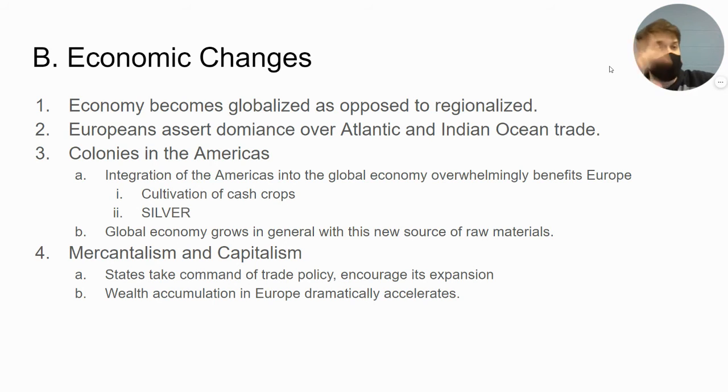Now, it's important to note that for most of Period 2, the most wealthy nations on the planet are still not European. It's the Qing Dynasty and the Mughal Empire in South Asia. So it's trending towards European control, but Europe is still not as economically powerful as other states.